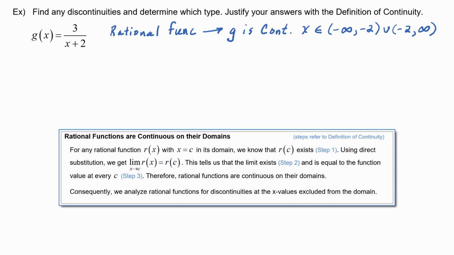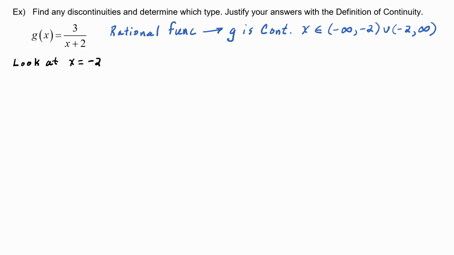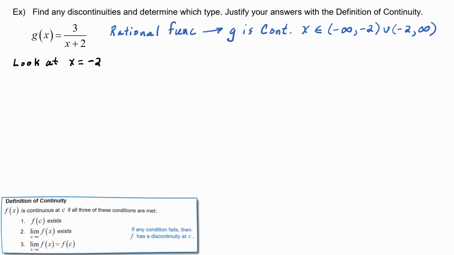We know that we look for discontinuities at the x values that are excluded from the domain. So we are going to look at x equals -2. And this is where we will apply the definition of continuity. Step 1, we have to look at g of -2.